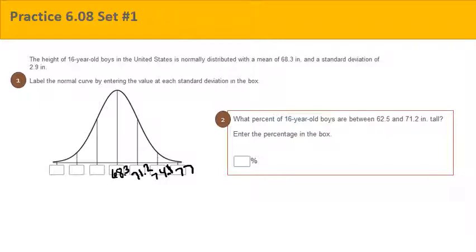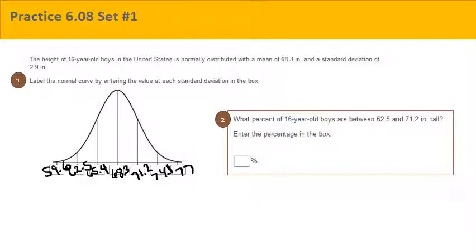All right, then going down, we have to subtract 2.9, so that is going to give me 65.4, and then 62.5, and then 59.6. So that's how you would write your standard deviations, okay? Just labeling the normal curve.